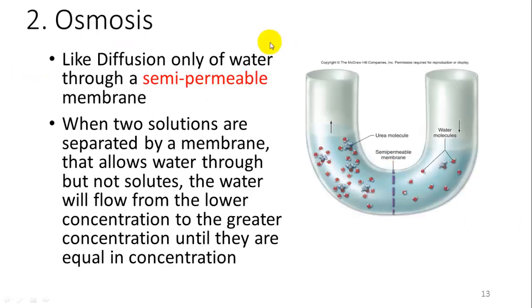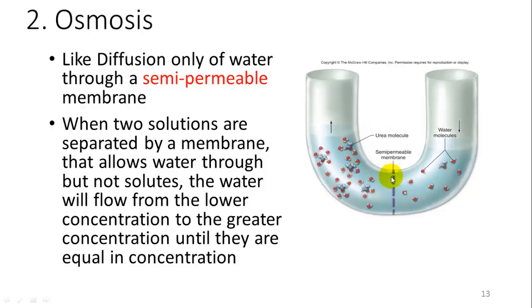Osmosis is like diffusion, but through a semi-permeable membrane. So what we have here are two solutions with different concentrations of a solute within the solvent of water. And what happens is the pores on this membrane are too small to let these molecules through. So in this example, we have a urea molecule.